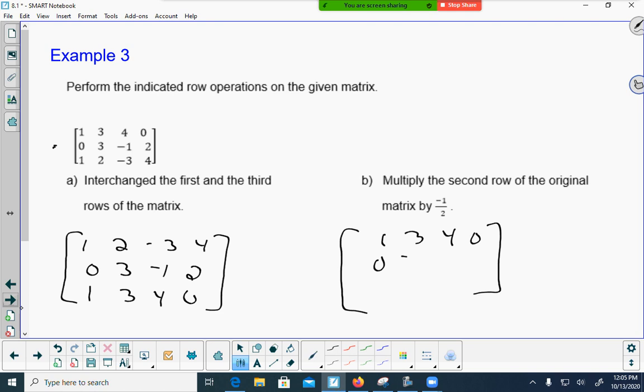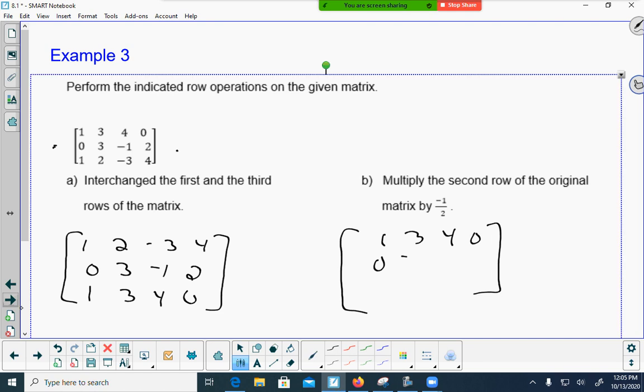I'm multiplying the second row by -1/2. What's 3 times -1/2? Am I making a mistake? I don't think I am.